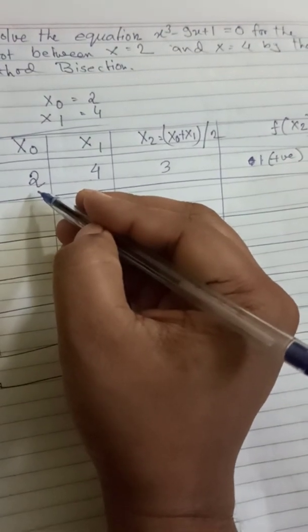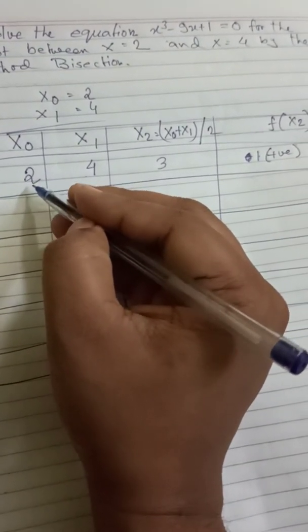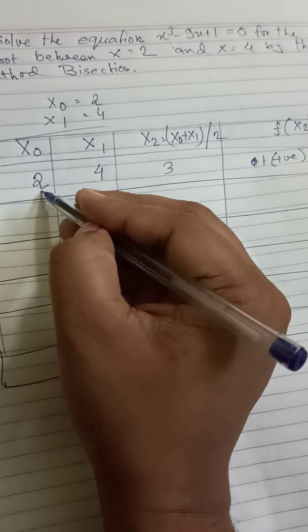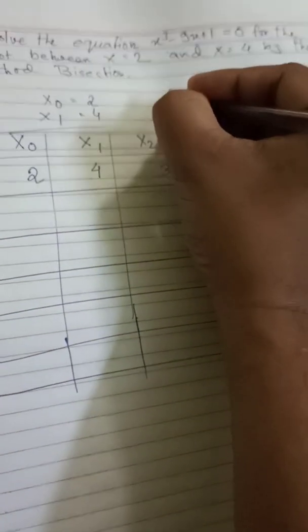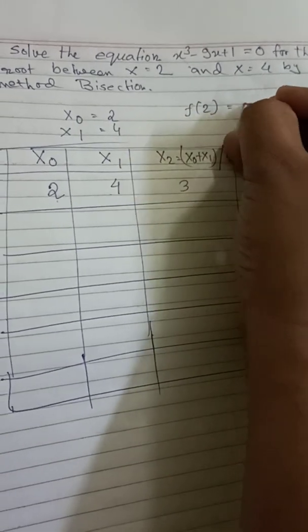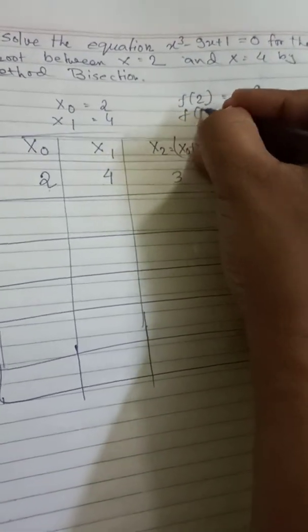Now we have to check, for x equals 2, what is the value of f of 2. As we know, f of 2 is minus 9 and f of 4 is 29. Please calculate it.